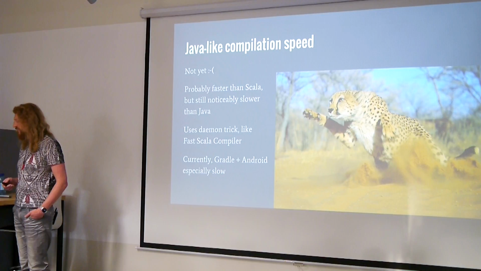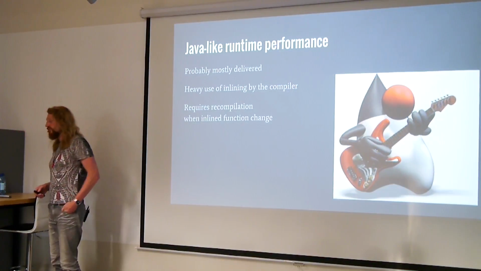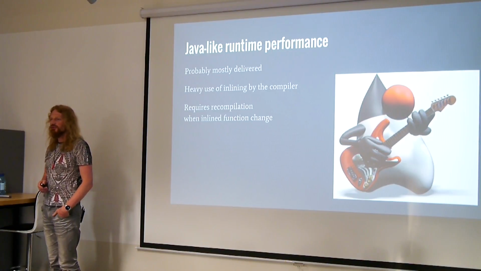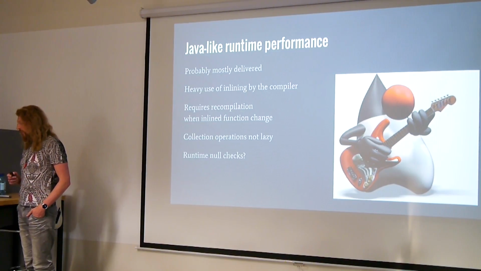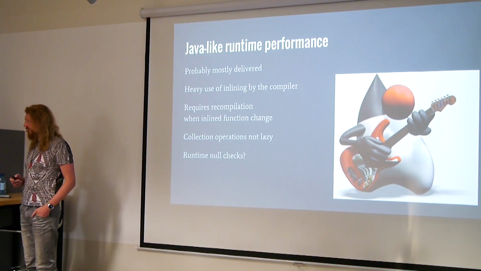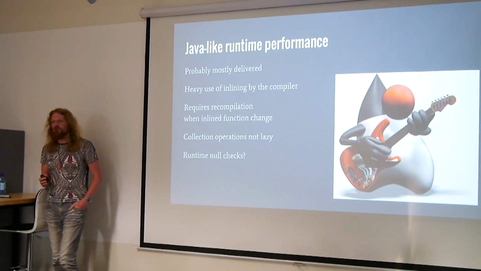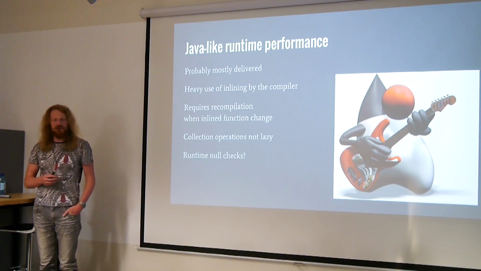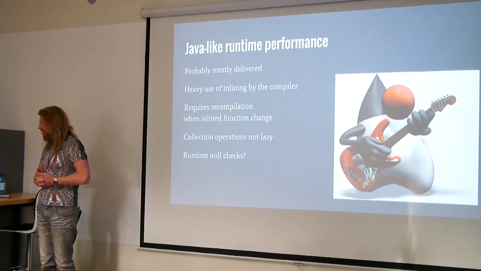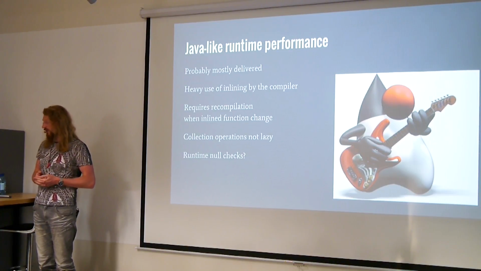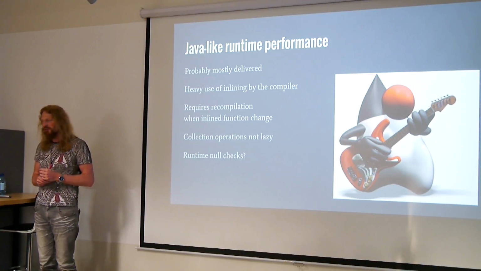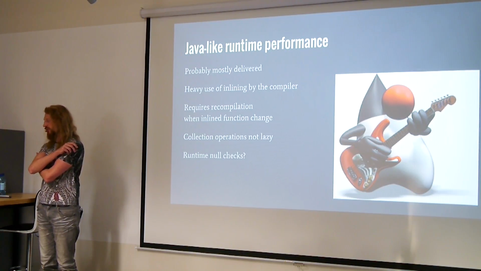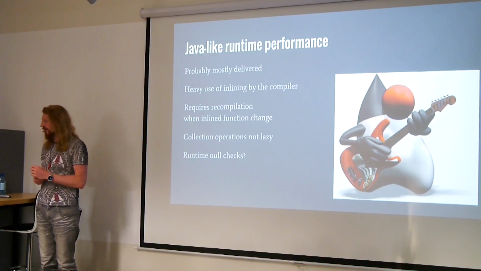The runtime performance is really good. It's like Java, and sometimes better than Java, depending on the language constructs that you use. Runtime null checks may affect performance, but the Kotlin developers used JMH and this kind of tool to test and verify that the produced code is not slower than Java code in most cases.